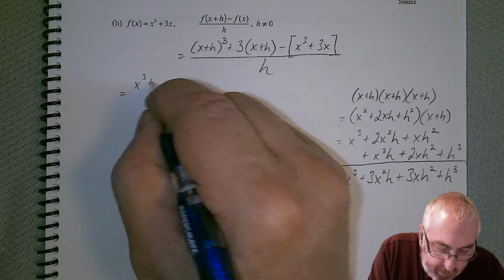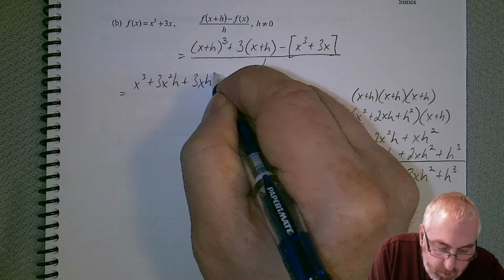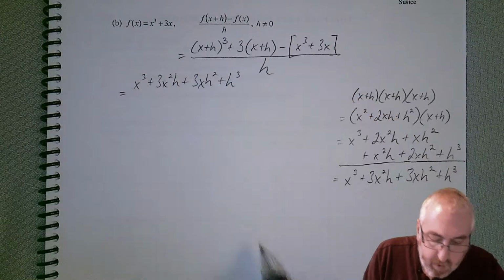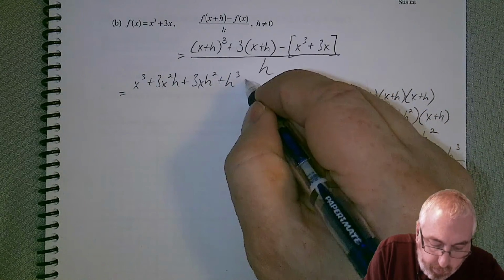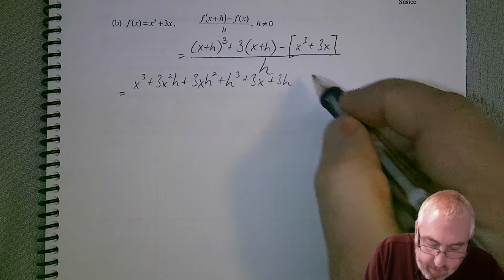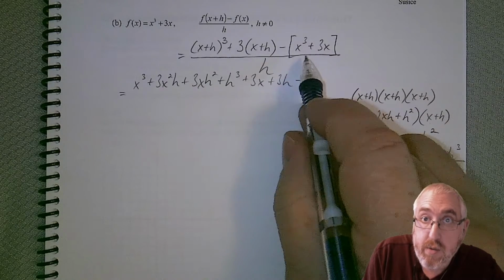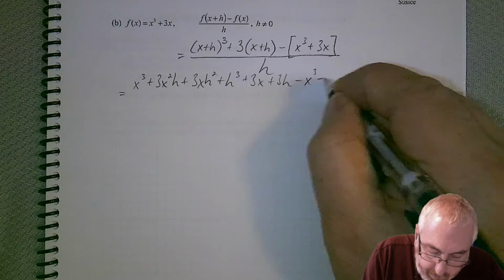So we'll rewrite that. And now we've got this next part we have to simplify, which is pretty quick. 3x plus 3h. And then we've got the last, which is to distribute that minus sign through. So minus x cubed minus 3x.